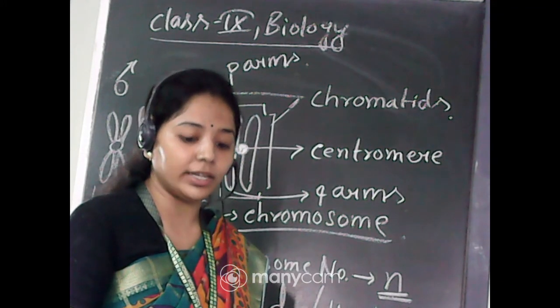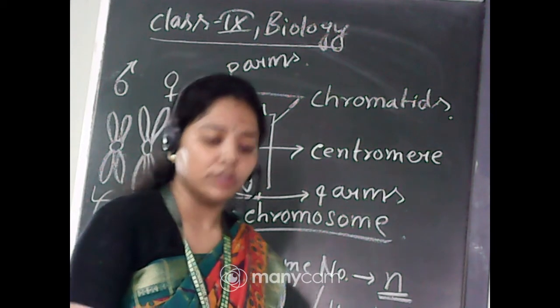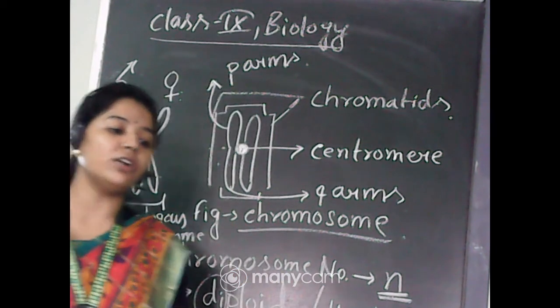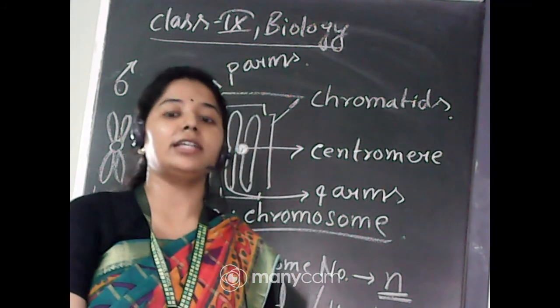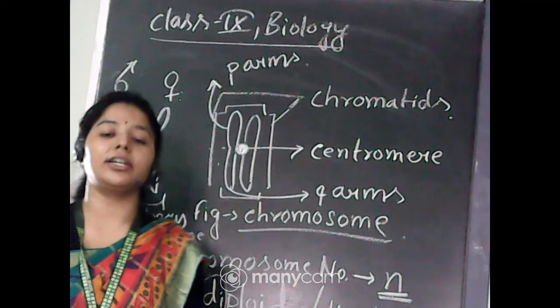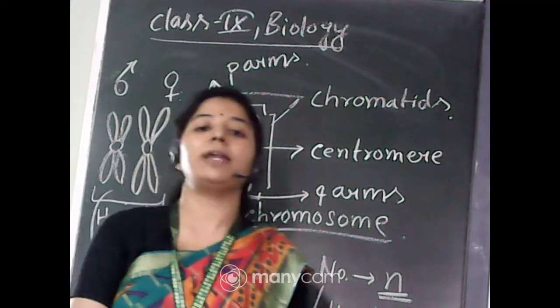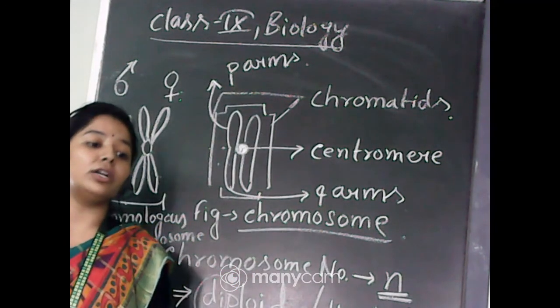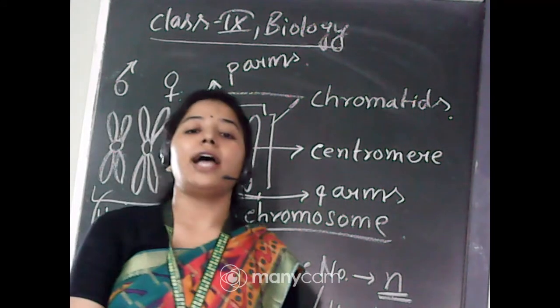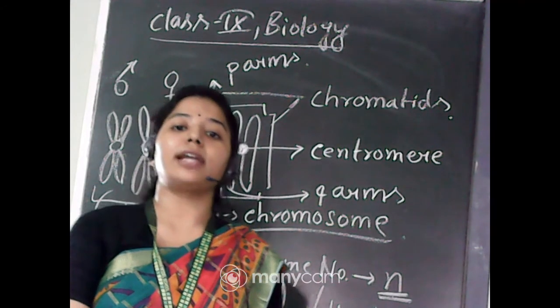So don't worry. The function of the nucleus that we have already learned: it carries genetic information, meaning hereditary characteristics from one generation to another, from parents to offspring. And it is the main control center of the cell, as it controls all the metabolic activities.